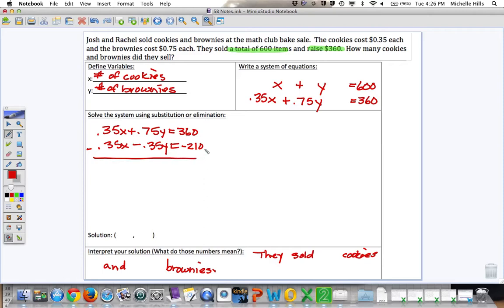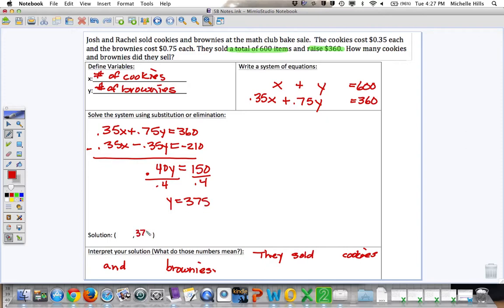Again, all I did was multiply this first equation by negative 0.35 to create opposites. Now combining these, that's 0. This is positive 0.40y equals positive 150. So I'm going to divide both sides by 0.4, and 150 divided by 0.4 is 375.